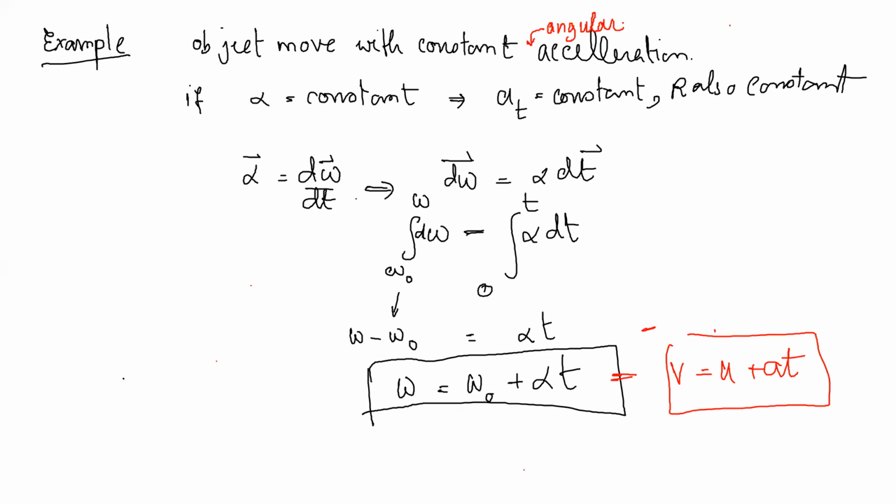We have alpha is d omega by dt, or d omega is alpha dt. Now making an integration, integrating omega from omega 0 to omega equal to alpha dt from 0 to t, you get the relation omega minus omega 0 equal to alpha t, which is parallel to uniform acceleration, v equal to u plus at.